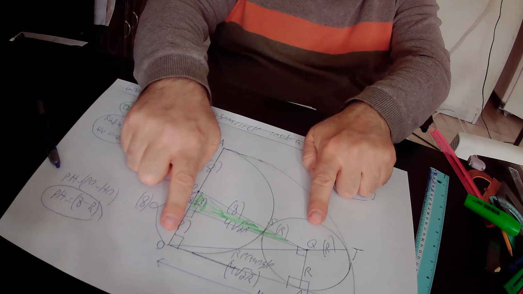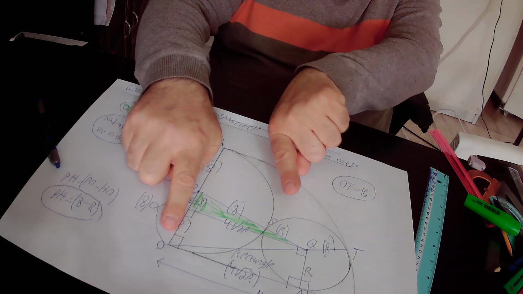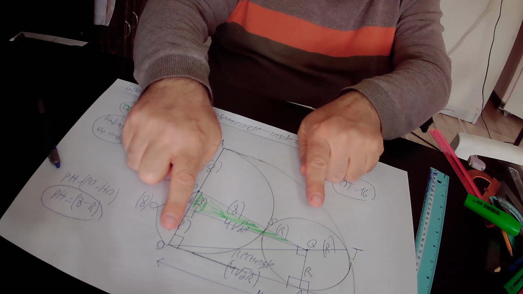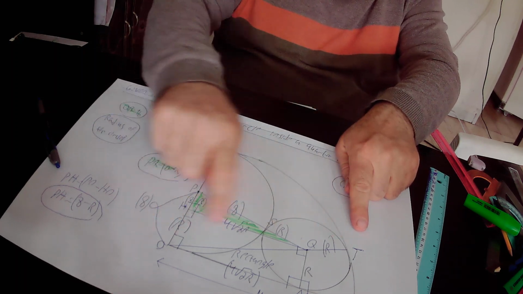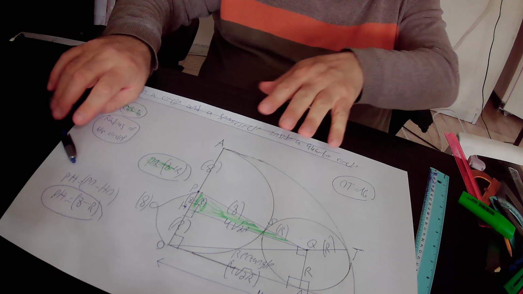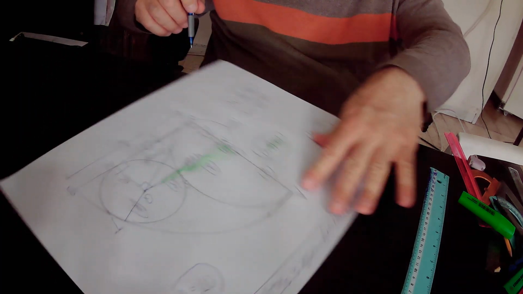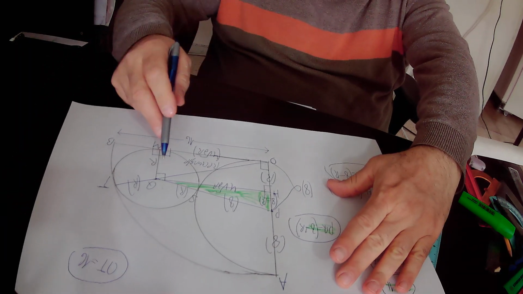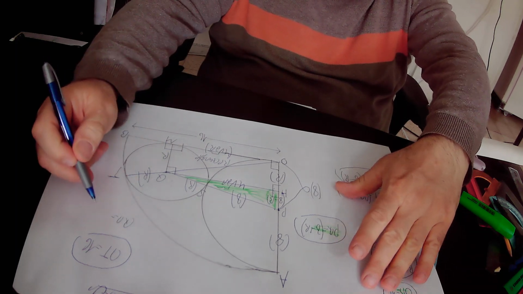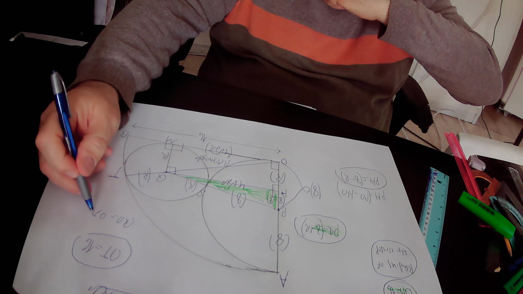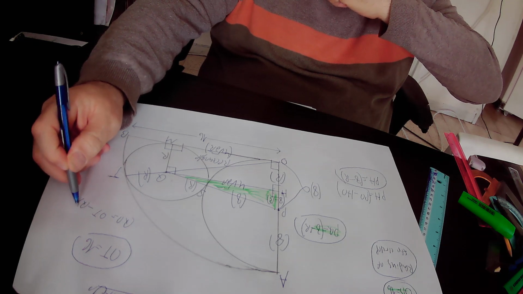QO equals TO minus TQ. So I'll write it down. The length of this line segment QO is equal to OT minus QT.